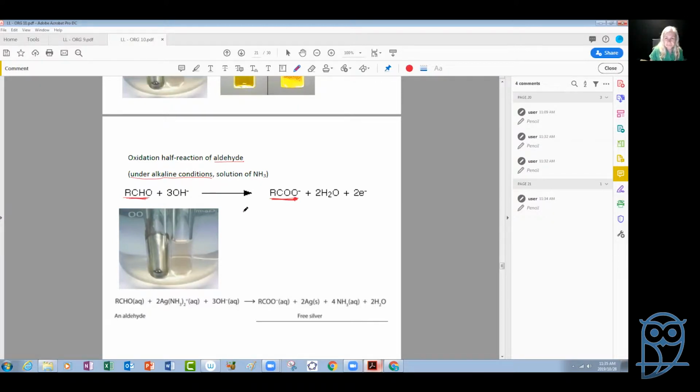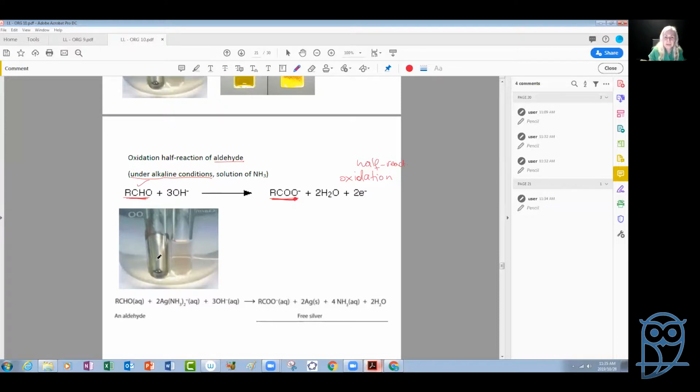And okay, this represents the oxidation of this aldehyde. This is the oxidation half reaction. And obviously at the same time, when we have an oxidation, we have also a reduction, which means that the silver ions in the solution will reduce to become silver metal, and this silver metal is what we see here in this silvering of the test tube.